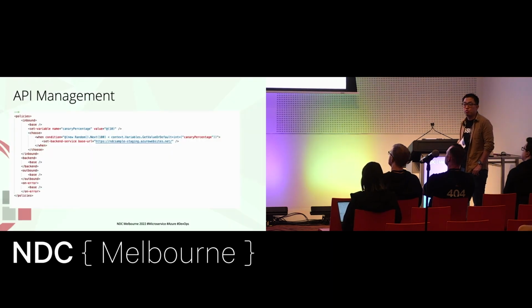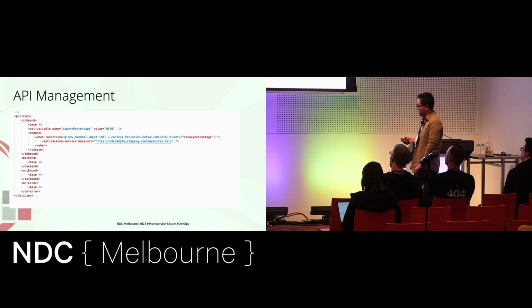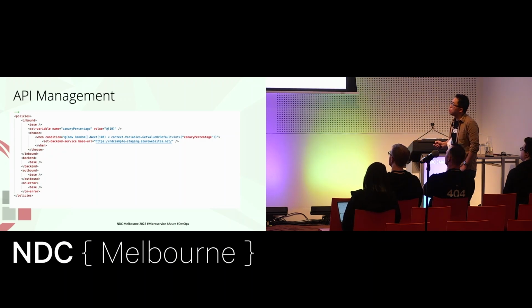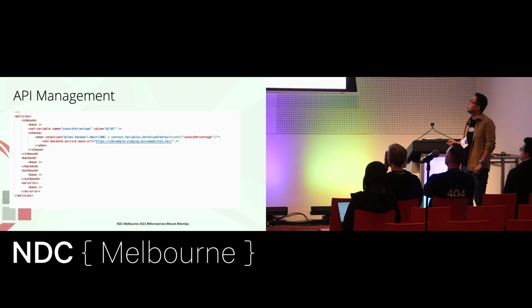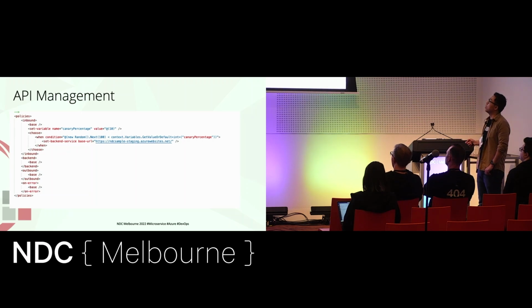With API Management, what we can do is it offers us a policy definition place where we can write some C#-like language. How cool is it? We can read it, and we will understand what it means. So if there's a canary percentage, let's say 10%, and we generate a random number, if it's lower than 10%, we're going to route to this backend URL rather than the default one.